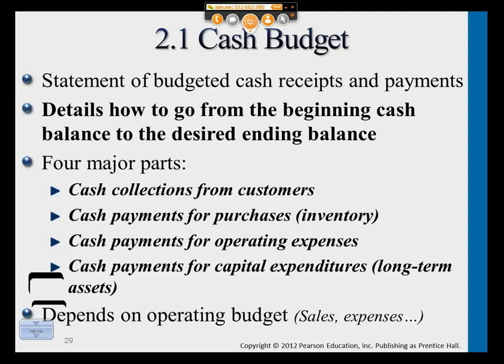Okay, let's make sense out of them. Cash collections from customers, then cash payments for purchases of our inventory, cash payments for operating expenses, and capital expenditures. Capital expenditures are our long-term assets, right? And all the cash collections and payments depend on revenues and the expenses, and those would appear in your operating budget, right?